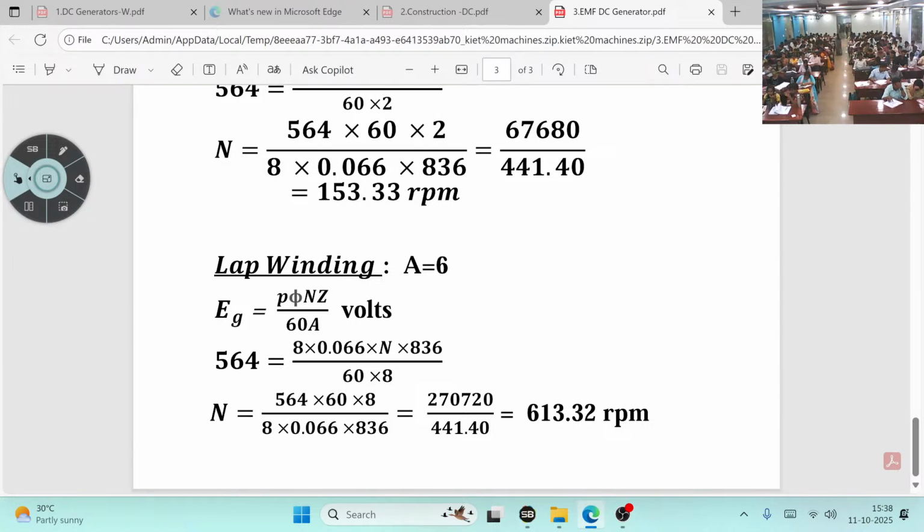Okay. So it also works with the principle of Faraday's laws of electromagnetic induction.